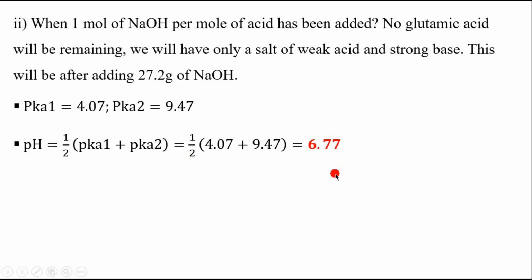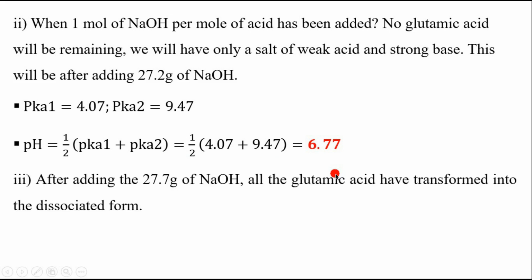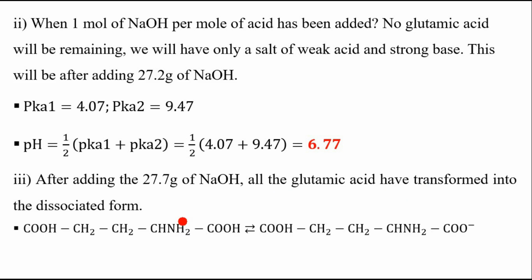Let's go after adding the 27.7 grams of sodium hydroxide. The glutamic acid has transformed into the dissociated form. That means we are transforming all the glutamic acid into the first dissociated form. But looking at this one, we still have the hydrogen which is waiting to be dissociated. The 27.7 grams of sodium hydroxide that we add is so that this diprotic acid is transformed into this one.